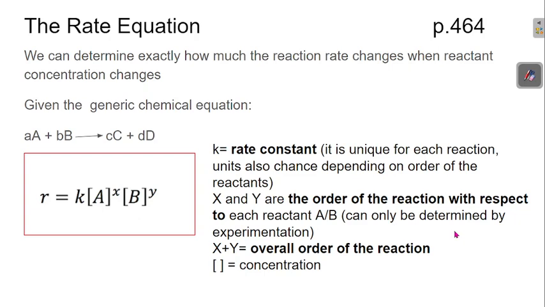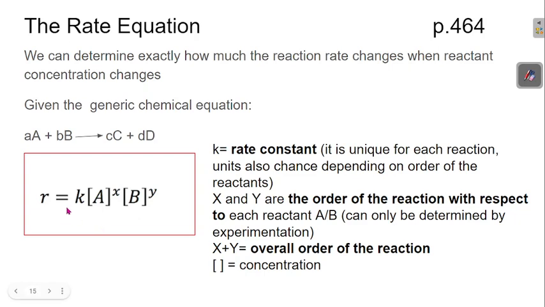Page 464 in your textbook. The rate equation. We can determine exactly how much the reaction rate changes when reactant concentrations change. For example, given this generic chemical equation, we have reactants A and B to give products C and D. This equation allows us to find the rate of this reaction.